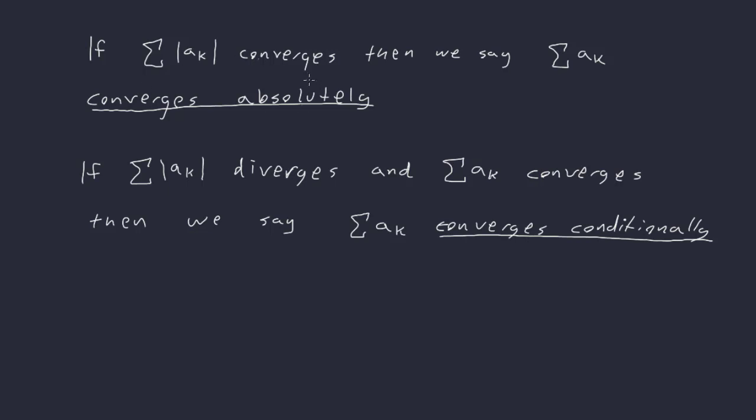what we're basically saying here is, I think it's easier to see what we're talking about if we look at an example. So let's consider the alternating version of 1 over k squared and the alternating version of 1 over k.